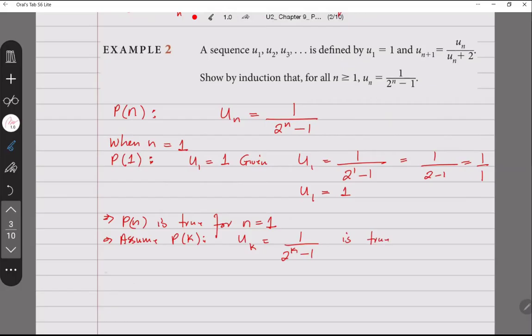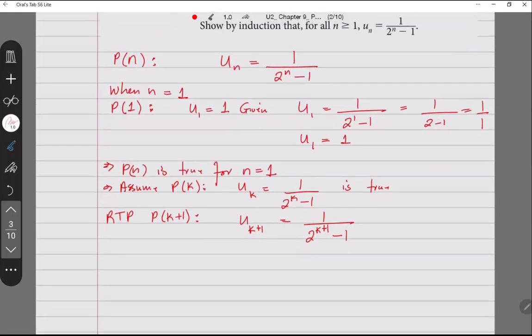Then we are required to prove that Pk plus 1, which is Uk plus 1, is equal to 1 over 2 to the k plus 1 minus 1. We're required to prove that.